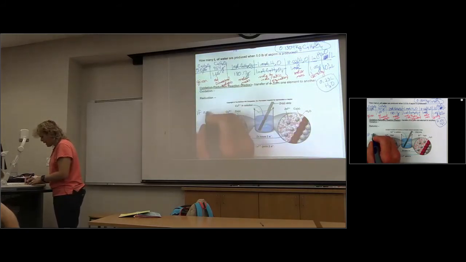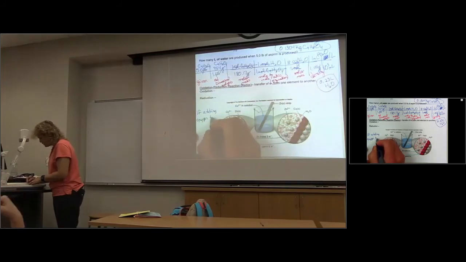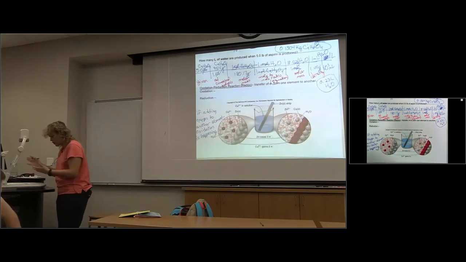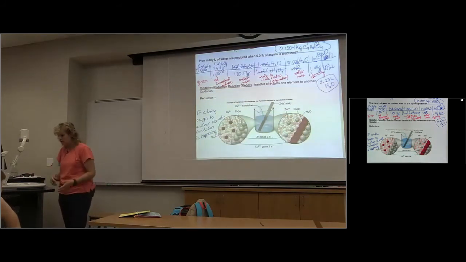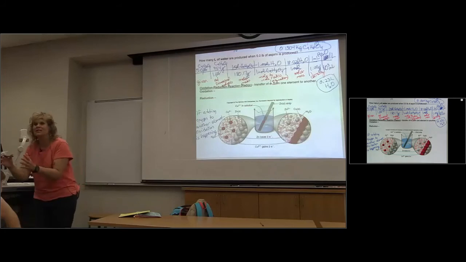If adding oxygen to another element, oxidation is happening. And I wrote that in a much longer way than I had to. I could have just said, oxidation happens when oxygen is added.